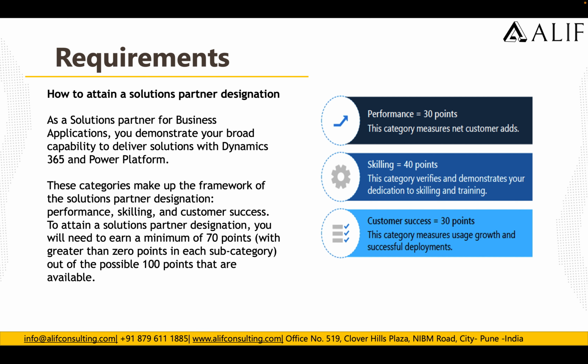Here on the right side, you can see we have three categories, and each category has its own numbers. Performance starts with 30, skilling with 40, and customer success with 30 points. But it may vary, because these are examples showing the maximum points you can get under these three categories. Sometimes these points may vary according to the categories and the metrics.